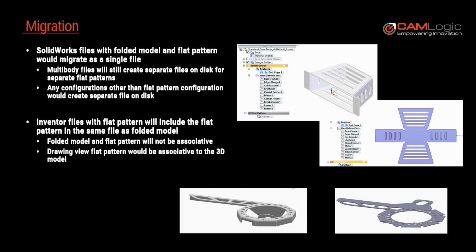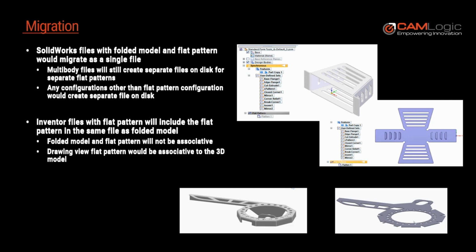and folded models, I should say. This will make it so that both configurations will come into Solid Edge, and the flat pattern will be in the same file as the folded version of that model. One thing to keep in mind is that if you were to change the folded model in Solid Edge after migration, the flat pattern that migrated over would no longer be associative.